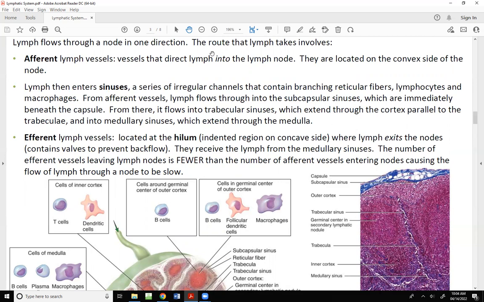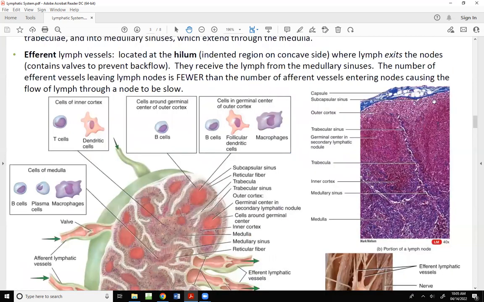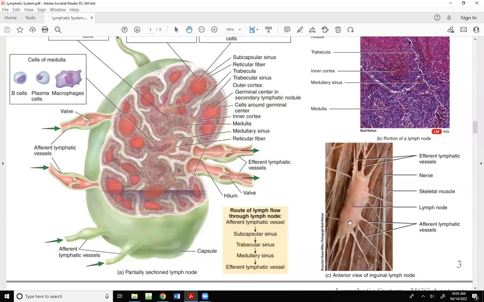Okay. Now we've got a couple different pictures here. Over on the right is a pretty cool microscopic view to show you the outside of the capsule. Here you can see the little white line coming down into the node is one of those trabeculae. Then you can see very nicely the outer cortex, the inner cortex, and then the medulla. Down here is a really cool picture. You can actually see an inguinal lymph node.